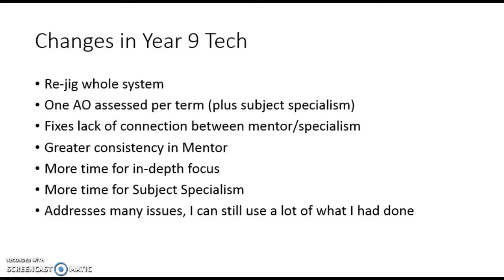The changes we made were basically to cut out a lot of the assessment in that one term, so that it was just two achievement objectives. One was either the brief development or the outcome development, and the other was the actual game itself, the subject specialism game.